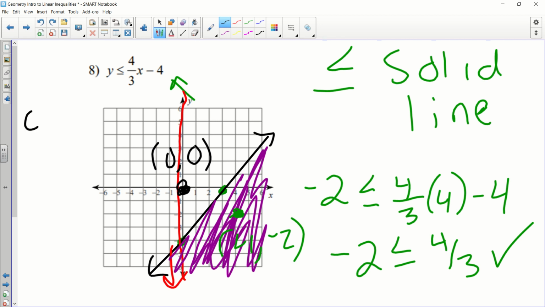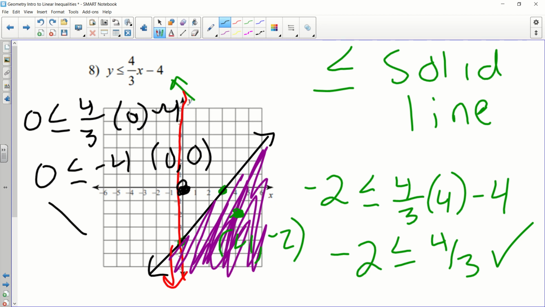So here I have 0 is less than or equal to 4/3 times 0 minus 4. 0 times anything is 0, so I have 0 is less than or equal to -4. That is not true. 0 is greater than -4. So I should not be shaded in that area. That should not be part of my solution set, which is great because the purple area and the black boundary line are part of my solution set.